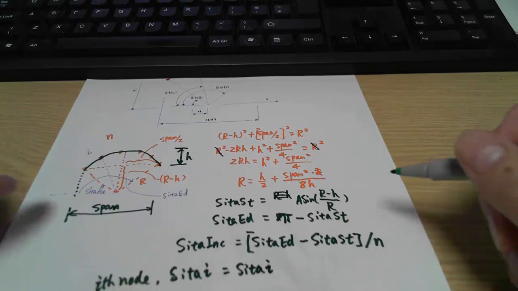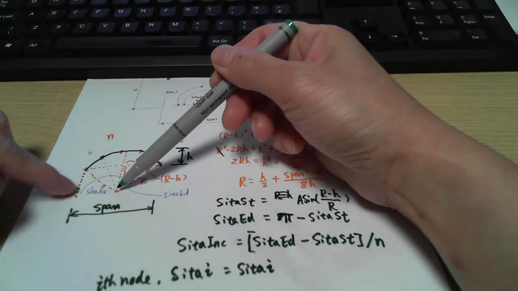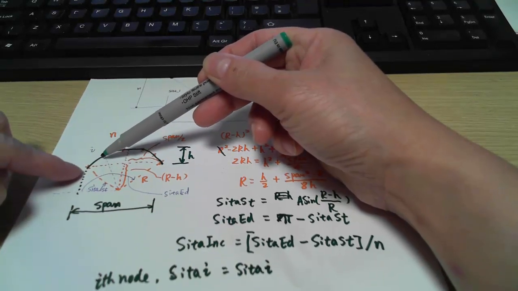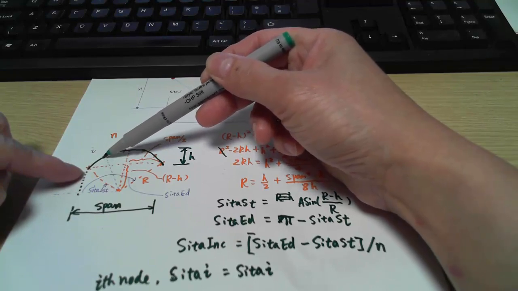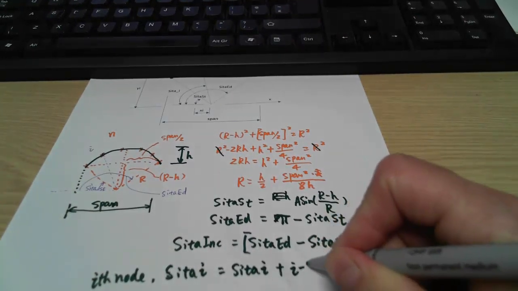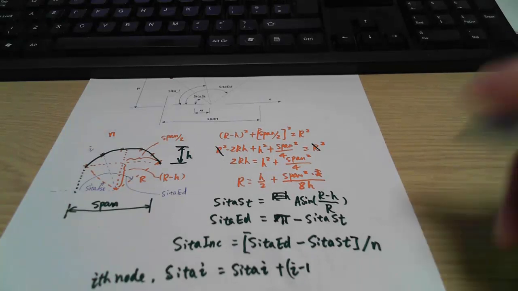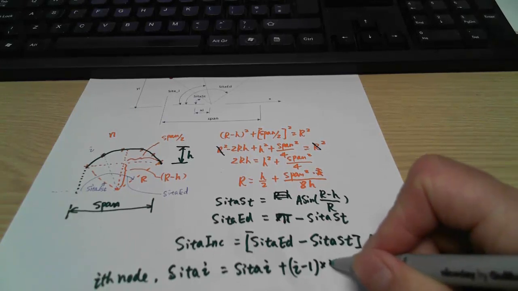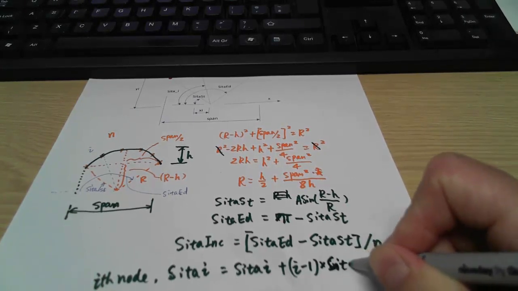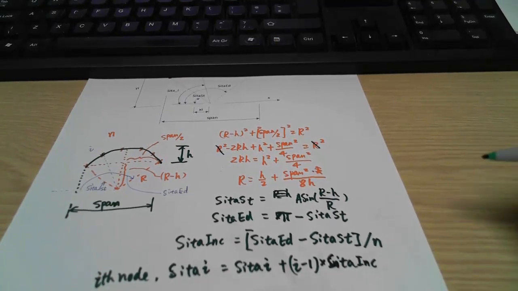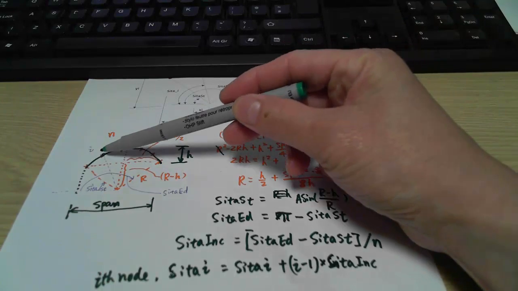So theta i equals theta st plus, if this is number 1 and this is node number 2, then for number 2 it is 2 minus 1, so plus (i minus 1) times the increment theta inc. That gives you the angle of this one here.